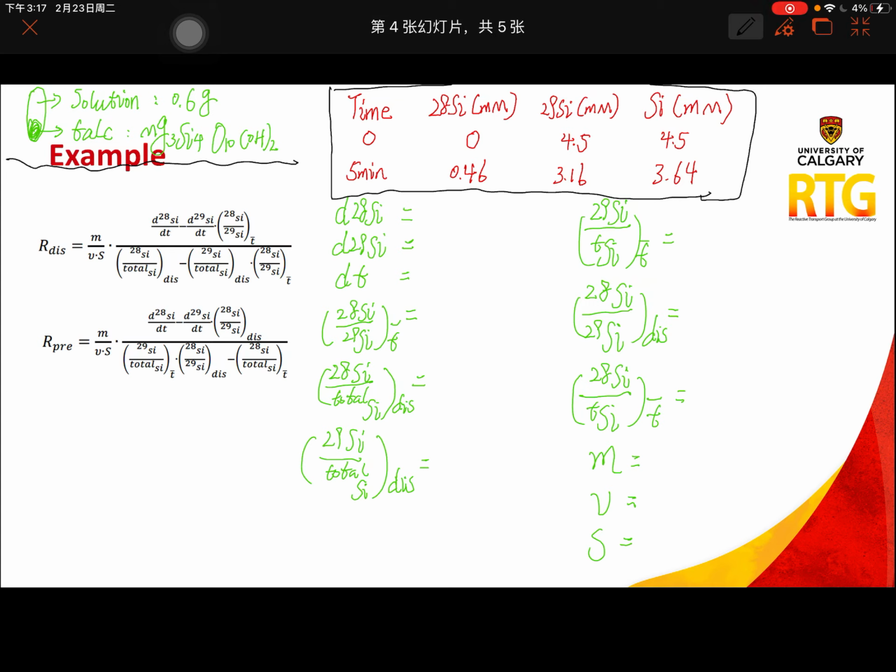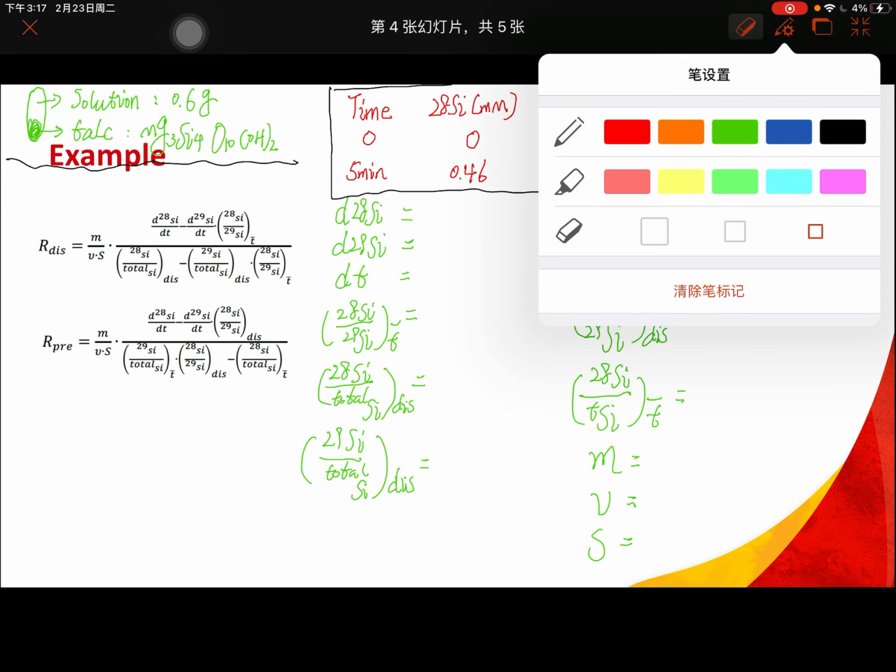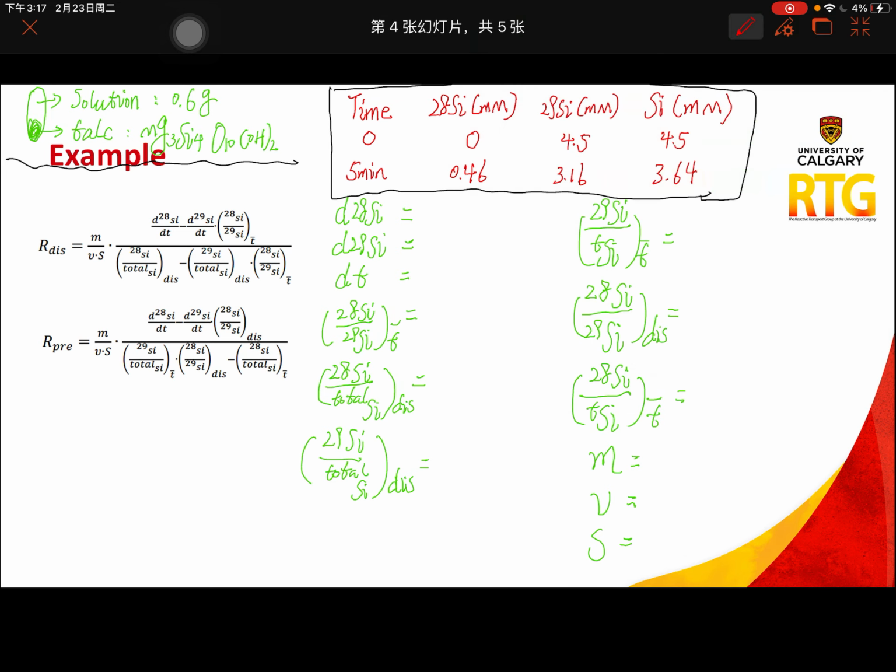In order to use this equation, we have to know the mass. If we want to calculate the dissolution rate, the mass is 0.6 gram, which is 0.6 times 10 to the negative 3 kilogram.